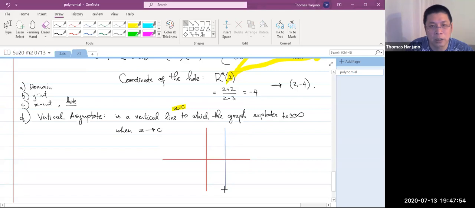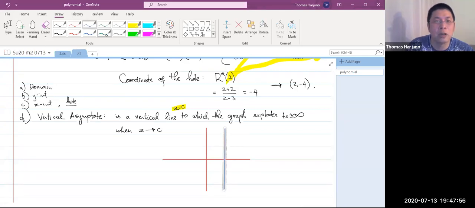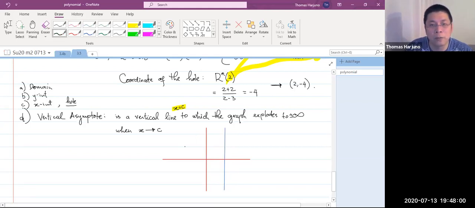Now the graph of the function will look like the following. As it goes closer and closer to that blue line, it will go to infinity. Or if you approach from the right-hand side, maybe it goes to positive infinity, or it goes to negative infinity.